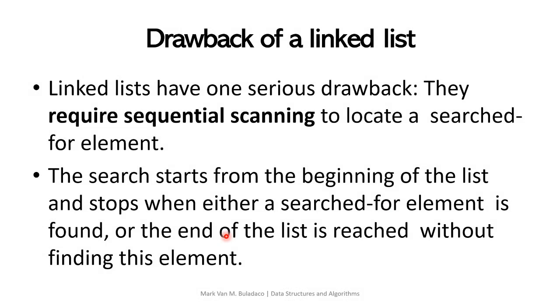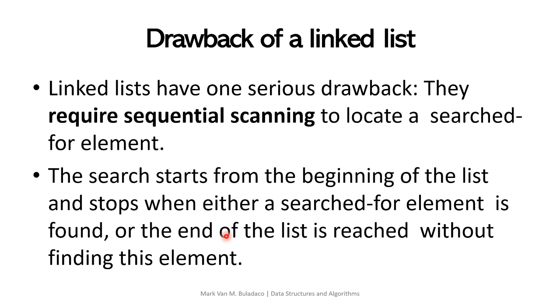So, drawbacks of linked list. One serious drawback of a linked list is that it requires sequential scanning. When we say sequential scanning, the searching algorithm will always start at the head until it finds the element that you want to search for, and then it will proceed to the tail node and return the element that is found, whether index ba, address, or whatsoever.